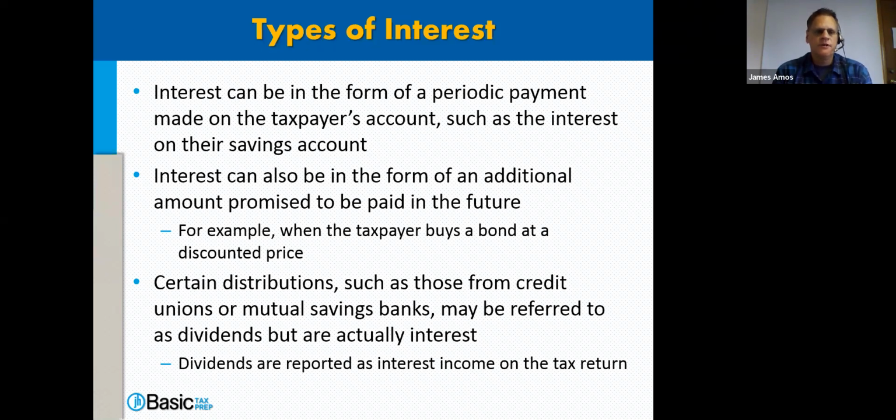But a true dividend is not interest. Interest is simply X amount that you're getting paid for the money you loaned. In the situations where you have a place like a credit union or mutual savings bank, and they're paying you these things called dividends, it's still interest. It's the equivalent of what a regular bank would call interest. And so they really are reported as interest in that situation.